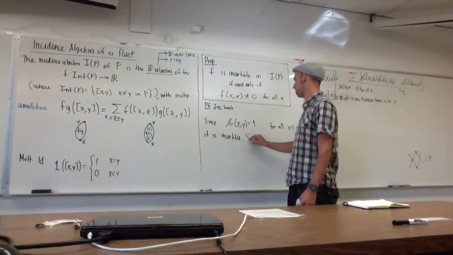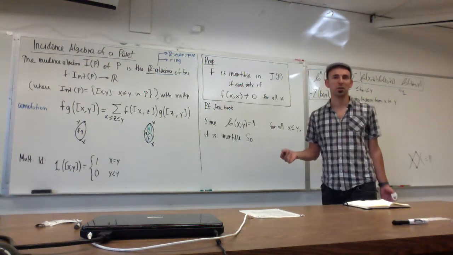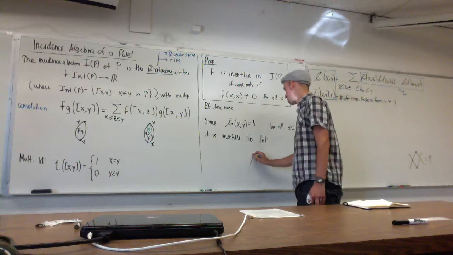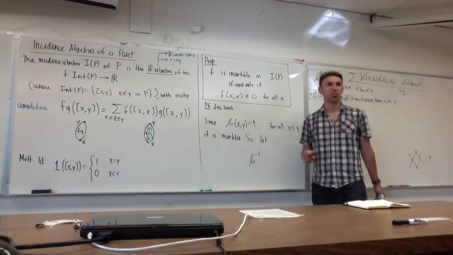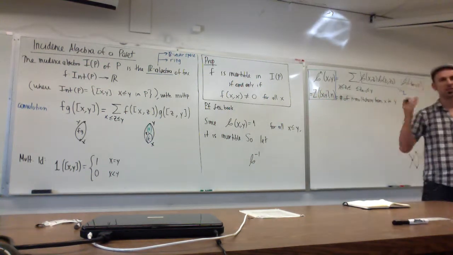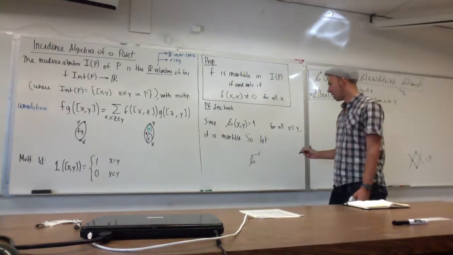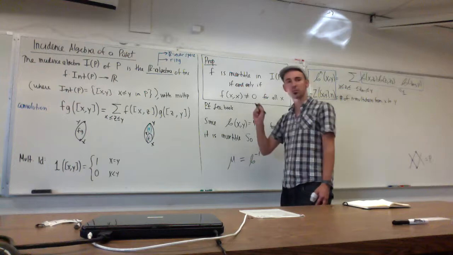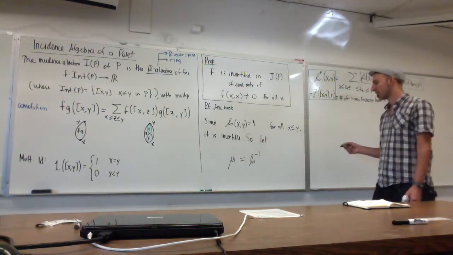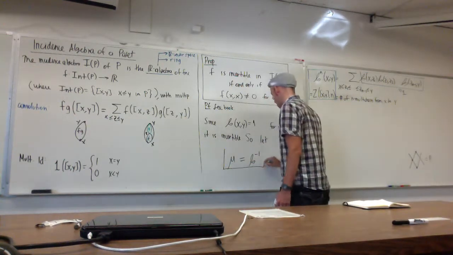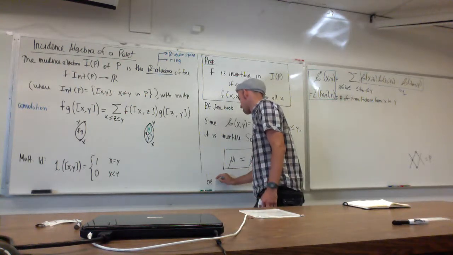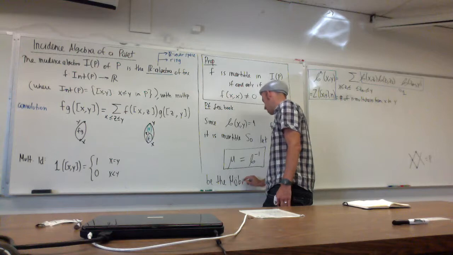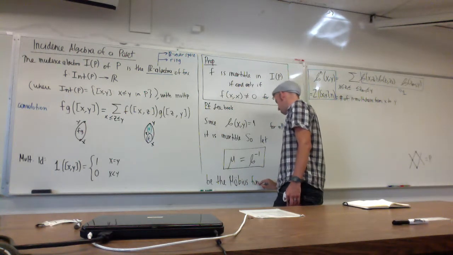So maybe a next function that we should consider is the inverse of this thing, the inverse of our simplest function. And we call this function mu, called the Möbius function of the poset.